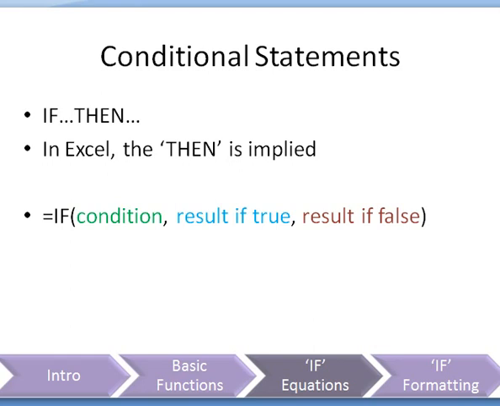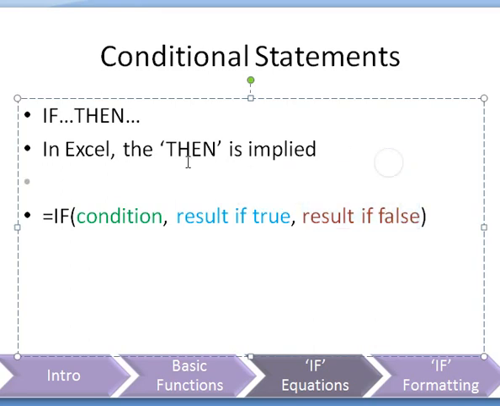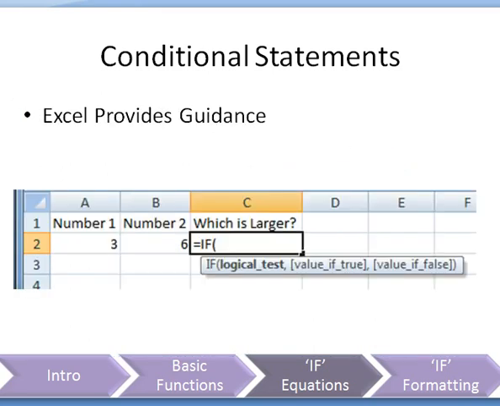It's called a logical test. We can then look to see, if the result is true, what do we want the outcome to be. So the result if true is the output. That's right here. And if the result of this conditional test is false, we're going to have this as our output instead. So this is what it looks like actually in Excel.